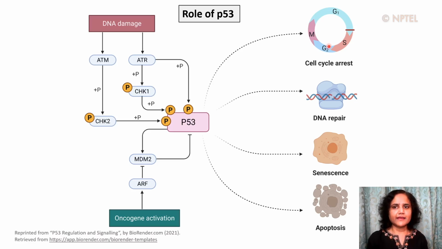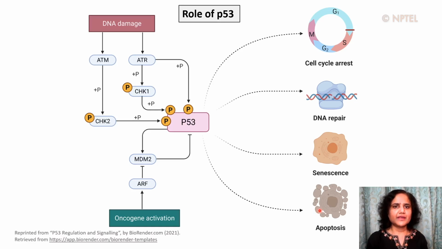So this cell cycle arrest that results from the activation of p53 allows more time to the cell for DNA repair. On the other hand, high levels of DNA damage or extensive DNA damage can result in high levels of p53, which drives the cells to apoptosis.